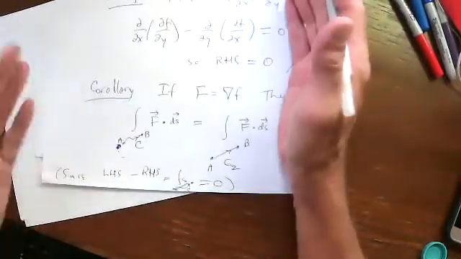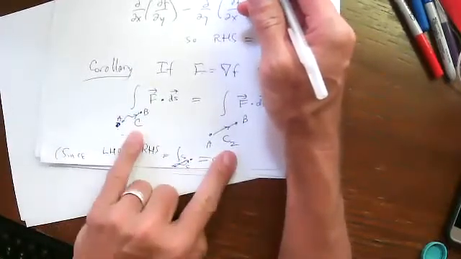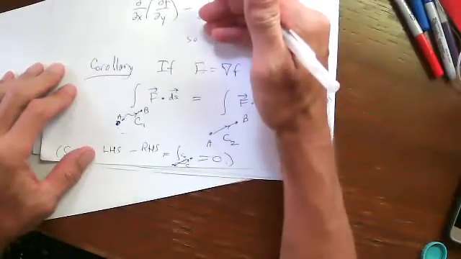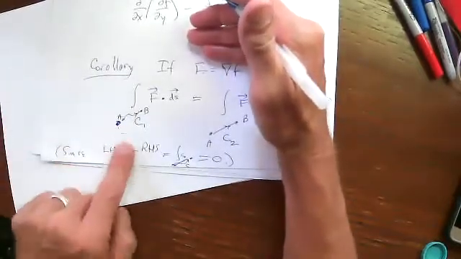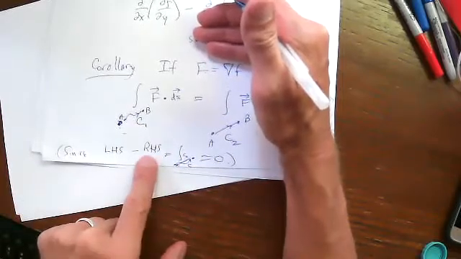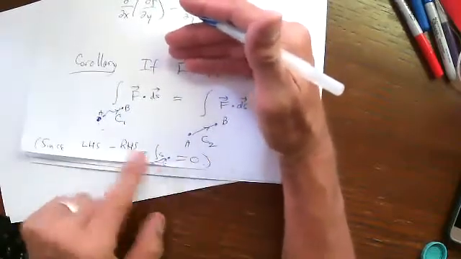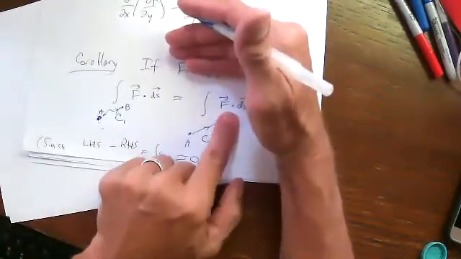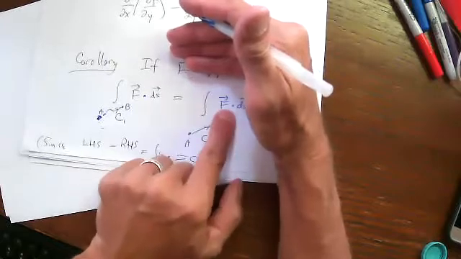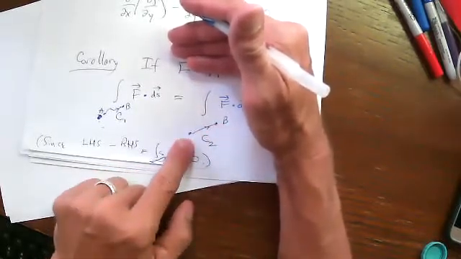Or you could use Green's theorem, because watch this. If I give you two paths that connect points A and B, I should call that one C1. If I subtract the integral across curve C1 minus the integral across curve C2, the negative of the second line integral, this is the comment we've already made a couple of times today, the negative of that line integral is the same as integrating the exact same vector field across the exact same set of points, but traversing those points in the other direction.